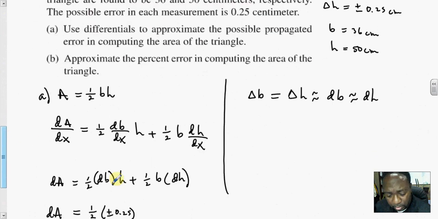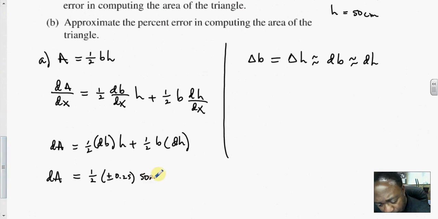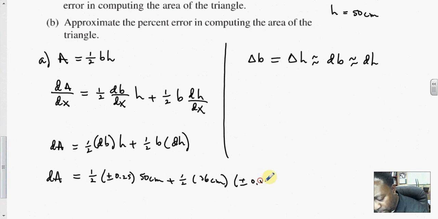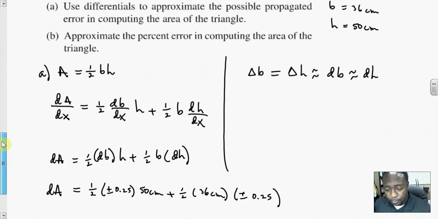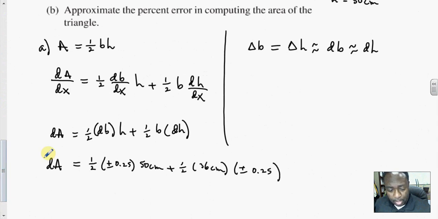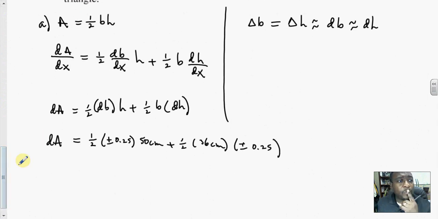The altitude was 50 centimeters, plus 1/2 times the base, which was 36 centimeters, times plus or minus 0.25 for the difference for the height. So we calculate that.